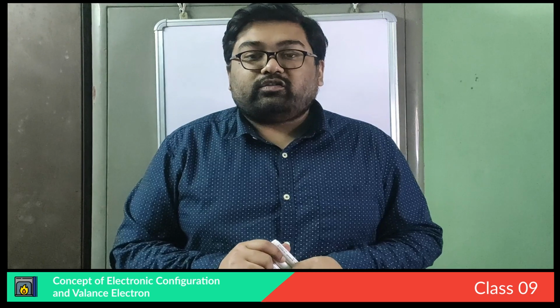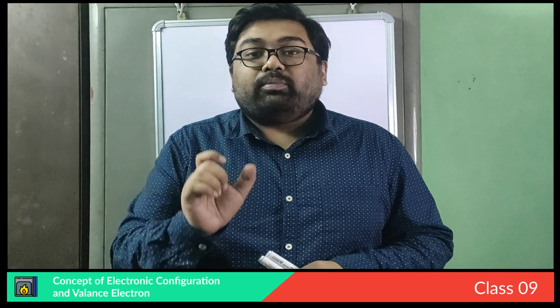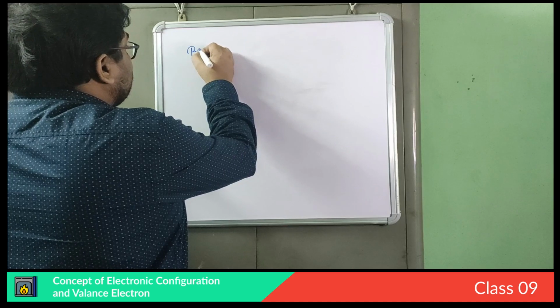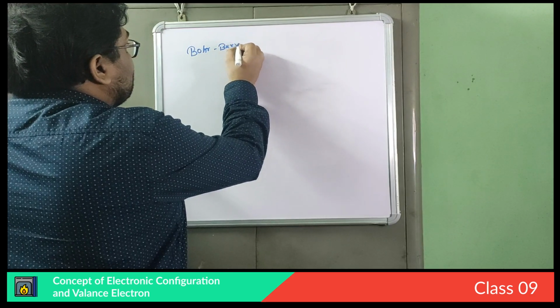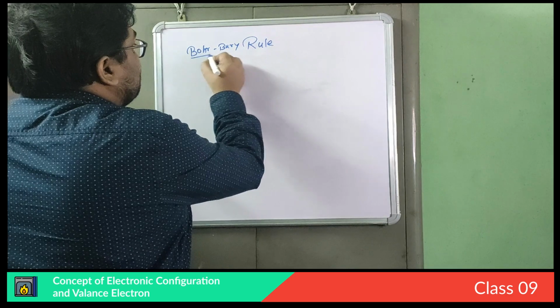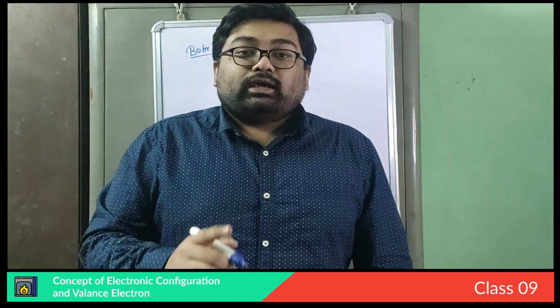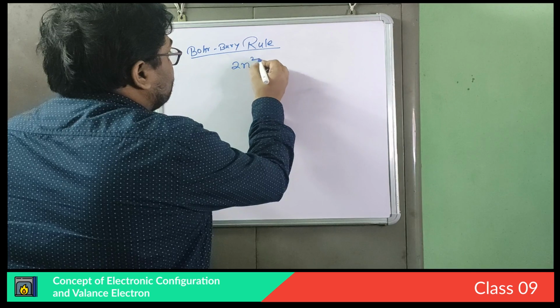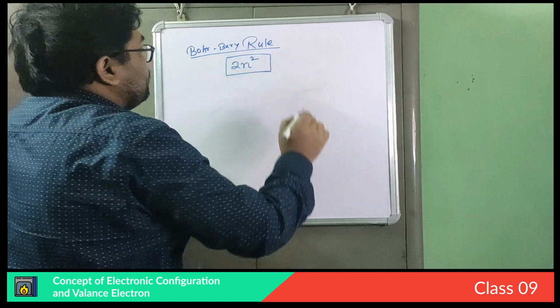This suggests that the maximum number of electrons that a shell can accommodate is equal to 2n square, where n is the number of the particular energy level, right? So the Bohr-Bury rule suggested that the maximum number of electrons that a shell can accommodate is equal to how much? 2n square. So this was the expression.